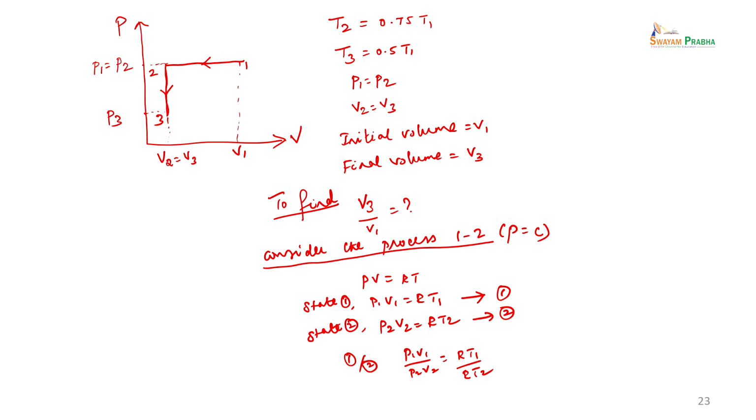So, here P1 is equal to P2. So, this will become V1 by V2. P1 and P2 will get cancelled, the R term will get cancelled, so V1 by V2 is equal to T1 by T2, or V2 by V1 is equal to T2 by T1.